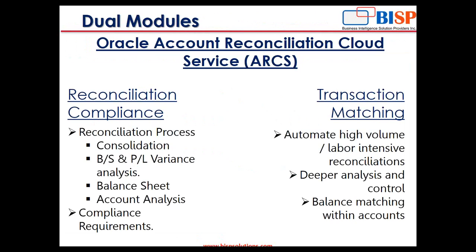Instead of just matching the balances, I can match the invoice numbers, the date, any other attribute pertaining to the transaction. If you have a special transaction ID or something, you can match those also. So transaction matching is also provided under my Oracle ARCS application.